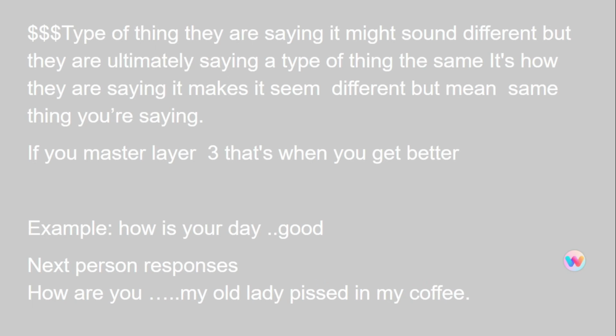It might sound different, but ultimately they are saying the same thing you're saying. So they could say something different, sound different, but they mean the same thing. If you master layer three, you will get better mentally, because you're thinking, okay, what type of thing are they saying, and that's how you're able to respond.